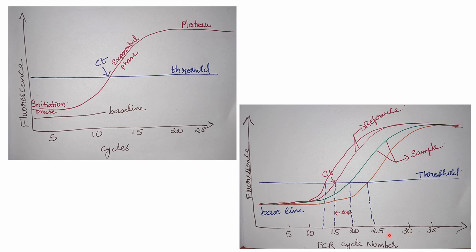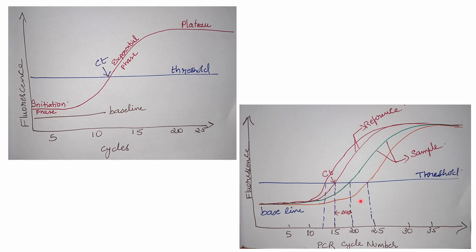Now coming to what is called normalization. So why you do normalization is because you get a lot of CT values. So somebody can argue that these CT values are not because of your biological changes. Suppose you want to see gene expression during different phases of plant growth.